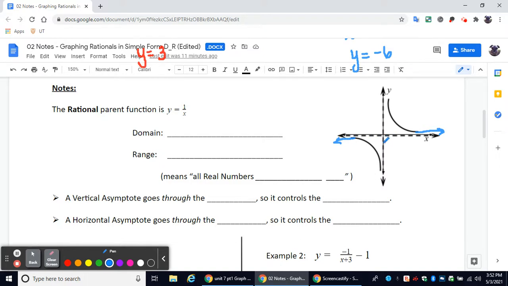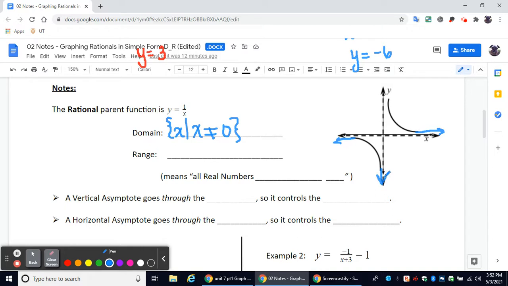We cannot call this all real numbers because we're not including this x value right here where x is equal to 0. So our notation for that would look something like this. For set builder notation, we would say x such that x is not equal to 0. The same thing occurs with the range. And if you remember, range is from least to greatest, from bottom to top.